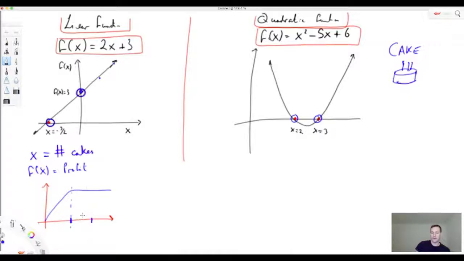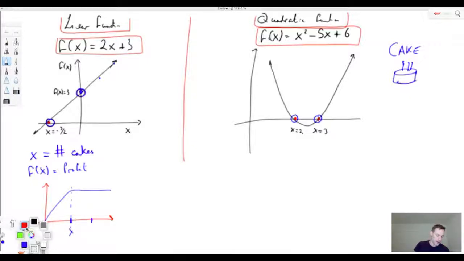But in this case, they found that the rule of thumb was the more cakes that we make, the more money that we make. So we're just going to make as many as we can.